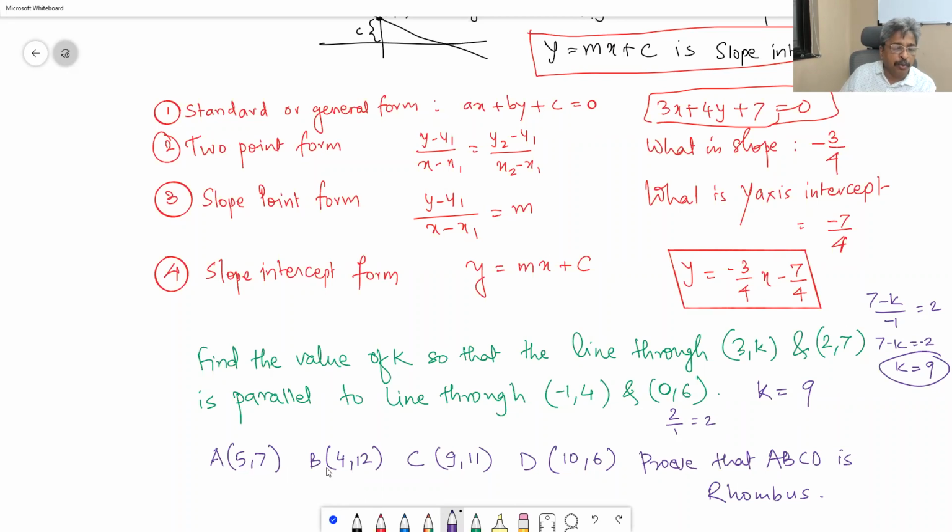Okay, now I am giving you 4 points: (5, 7), (4, 12), (9, 11), (10, 6). In the coordinate plane, these 4 points are there. You should show that this is a rhombus. See how you can do it. So find all distances, all 4 sides, and they are equal.